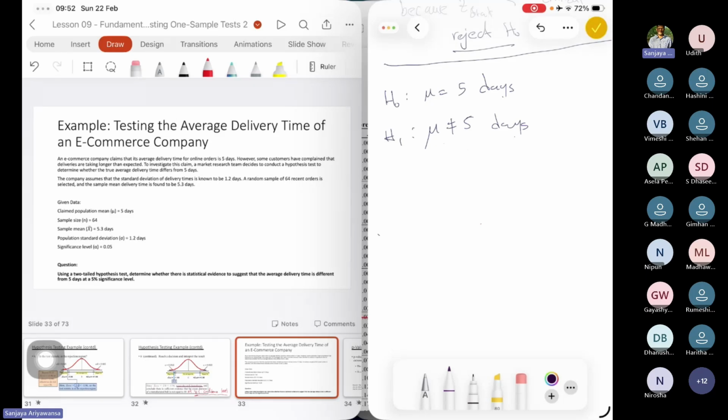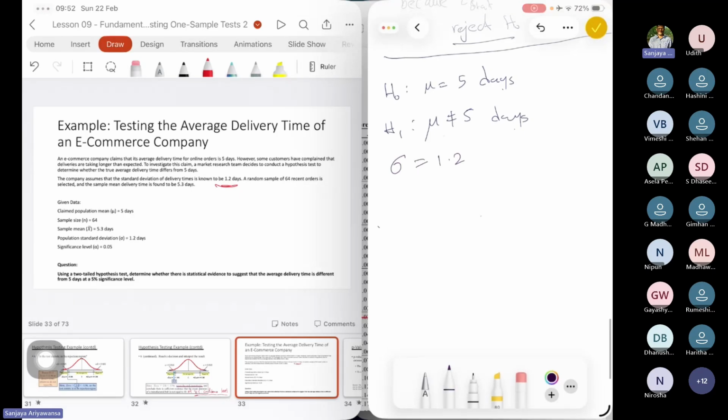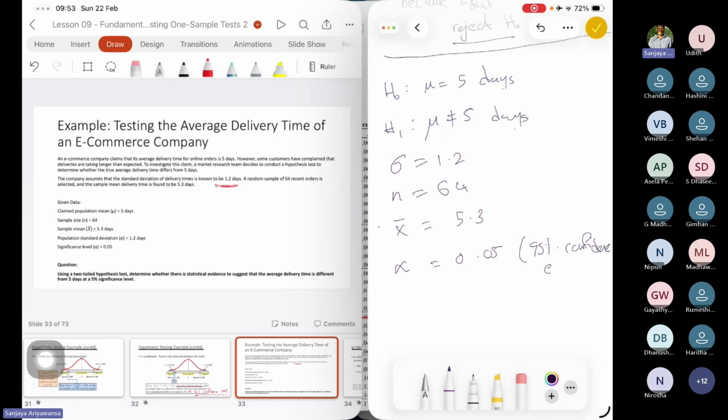The company assumes standard deviation of delivery times is known to be 1.2 days, so sigma is known, 1.2 days. A random sample of 64 recent orders is selected, and the sample mean delivery time x bar is 5.3 days, and a significance level of 0.05. So they're assuming 95% confidence interval, confidence level.